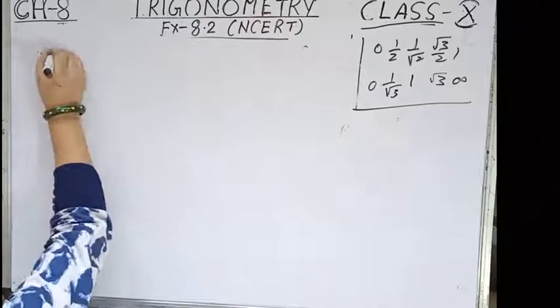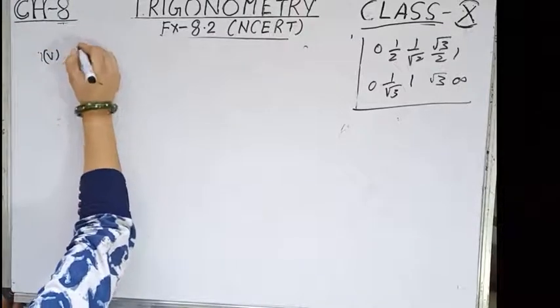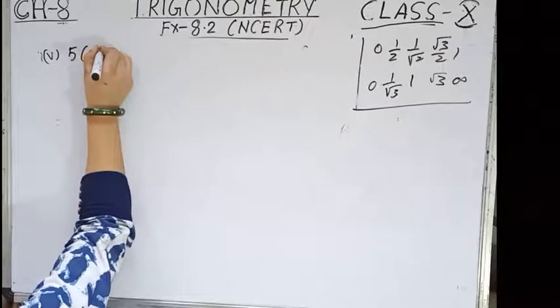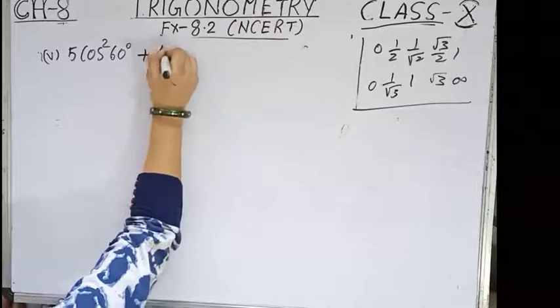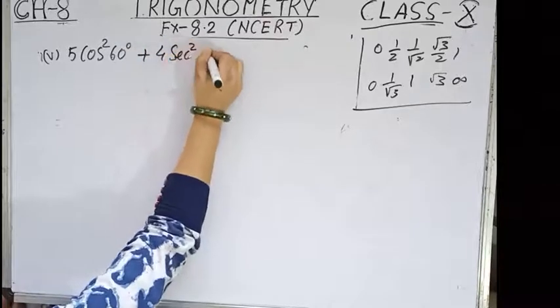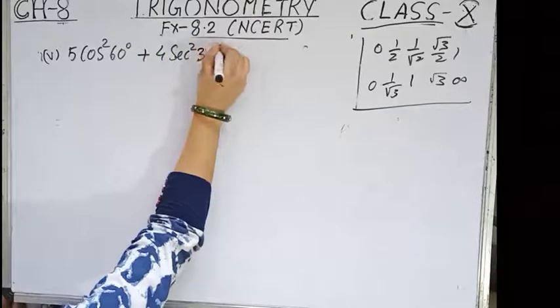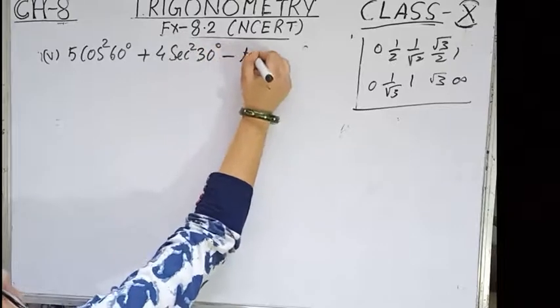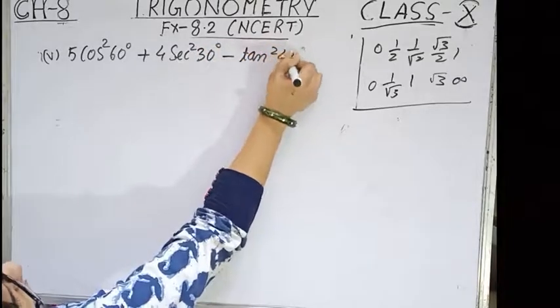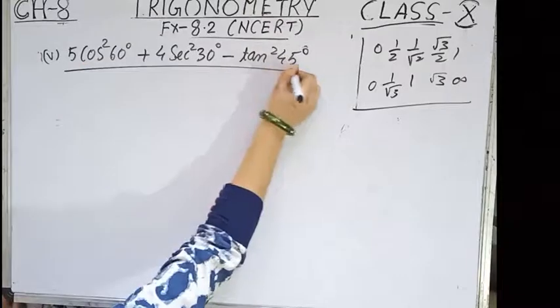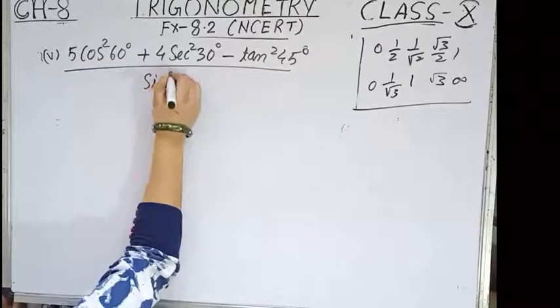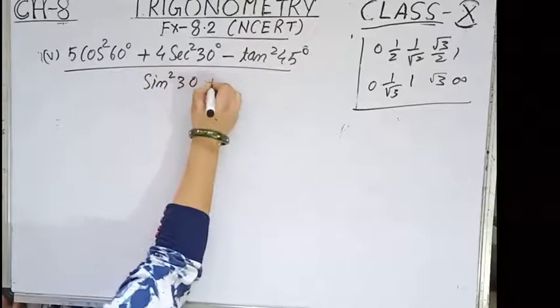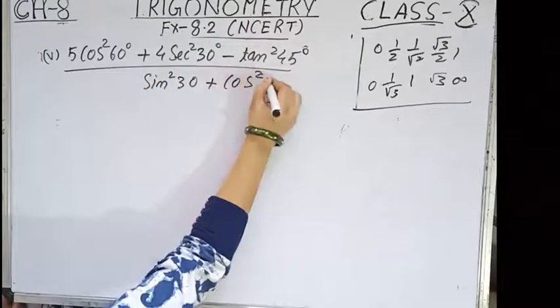Subpart number 5 is 5 cos square 60 degree plus 4 sec square 30 degree minus tan square 45 degree, divided by sin square 30 degree plus cos square 30 degree.